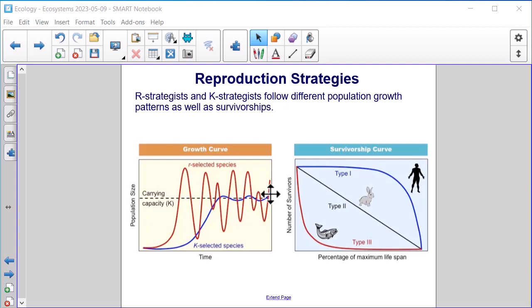And then survivorship. Here's the number of survivors versus the percentage of maximum lifespan.